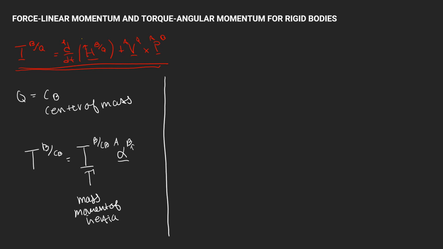Now, the second way you can simplify this is by setting Q equal to ICR, and that stands for the instantaneous center of rotation. Okay, ICR. And this is the point on the rigid body which is instantaneously at rest with respect to frame A. So for example, let's say we have a rotating rod, right?